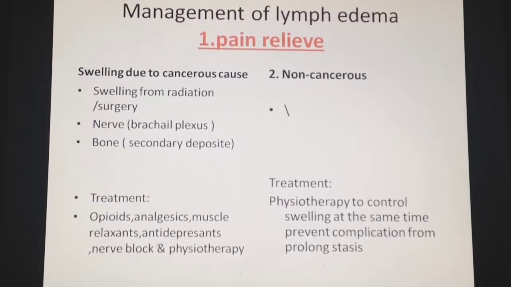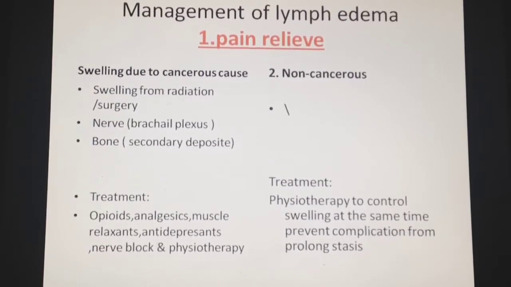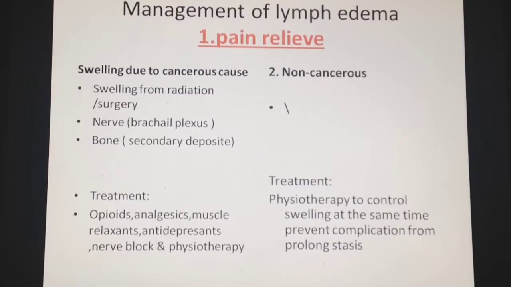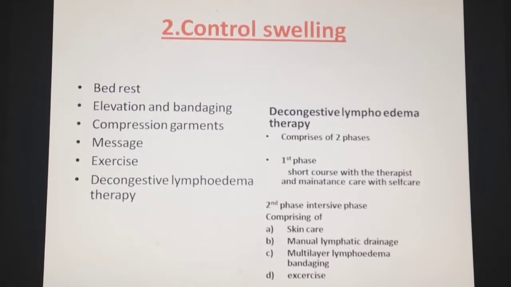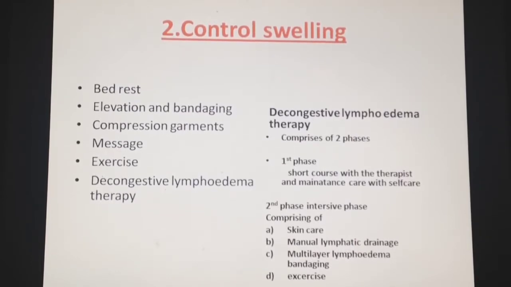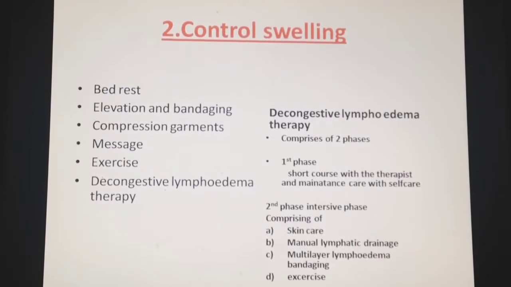Now, controlling of swelling by physiotherapy or any other procedure will be given in the next slide. And we also need to prevent complications due to prolonged stasis. Control of swelling is by bed rest, elevating and bandaging, compressing garments, massage, exercise, and decongestive lymphoedema therapy.